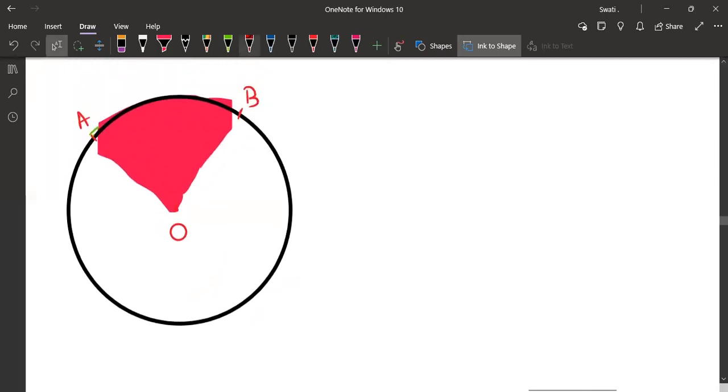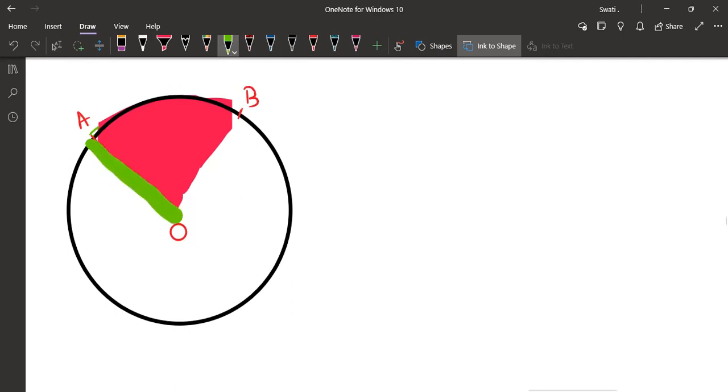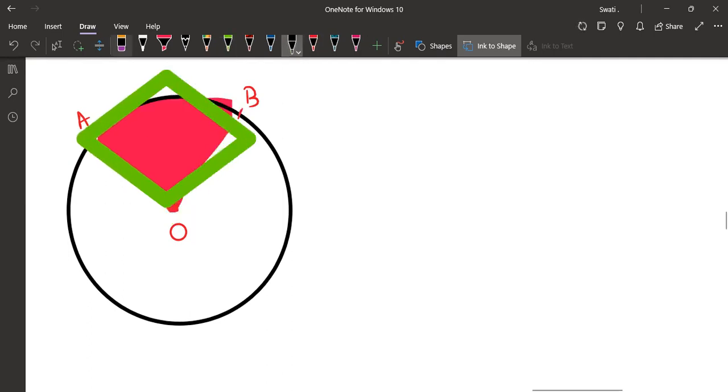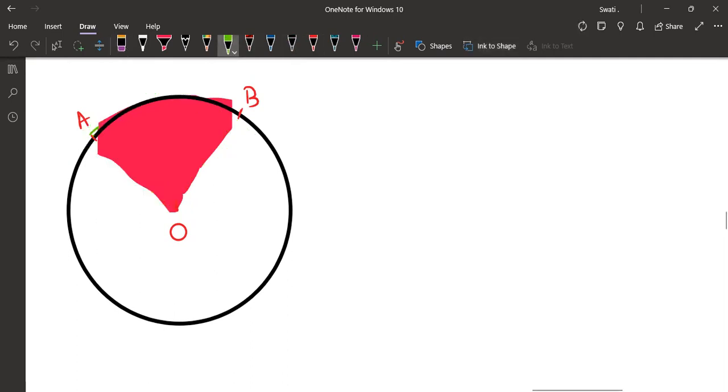Let me make the sector very properly. This is the radius OA and OB, the radii, and this is the complete sector, right?